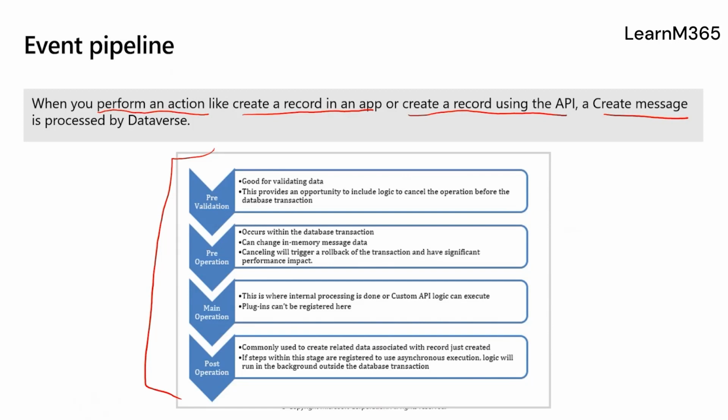And then post-operation: you can use this event to modify any property of the message before it is returned to the caller. Make sure not to apply any updates to the corresponding table at this point, as it will trigger another update event. So these are the main stages: pre-validation, pre-operation, then post-operation.